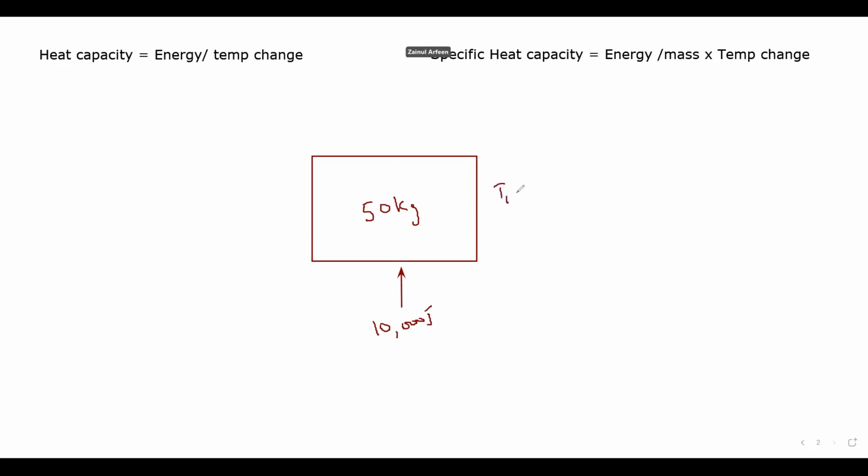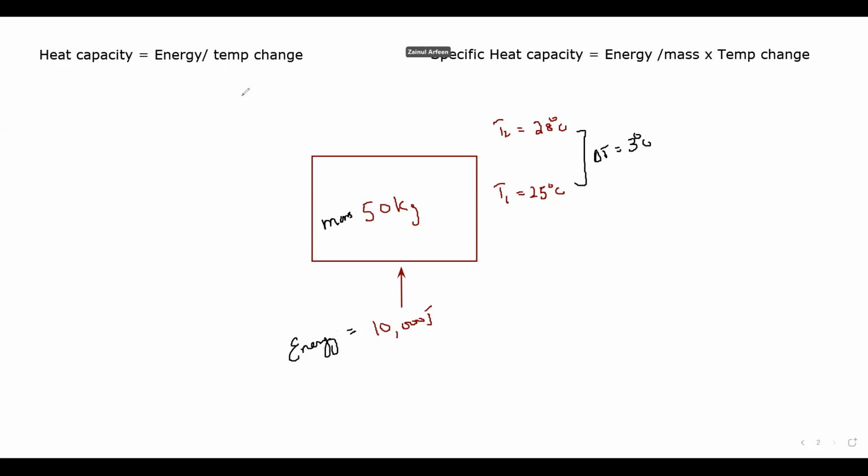Originally the starting temperature, we can say T1, was 25, and the final temperature changes to 28 degrees centigrade. So if the question is to calculate the heat capacity, how do we calculate it? This is the energy which we supply. This one is the mass of an object, with initial and final temperature. The temperature change is also denoted by delta T. So 28 minus 25, that's equal to 3 degrees centigrade.